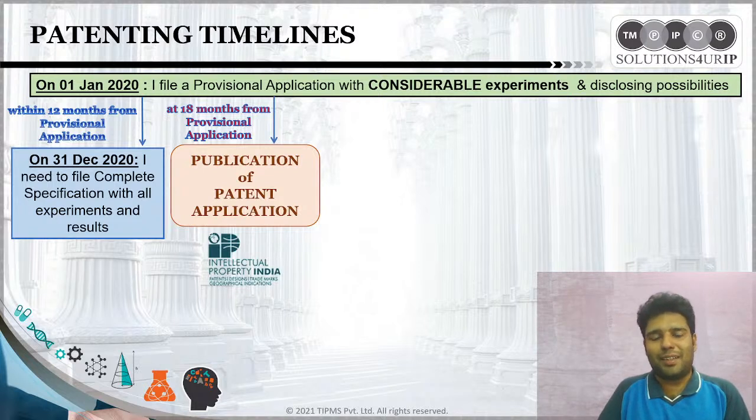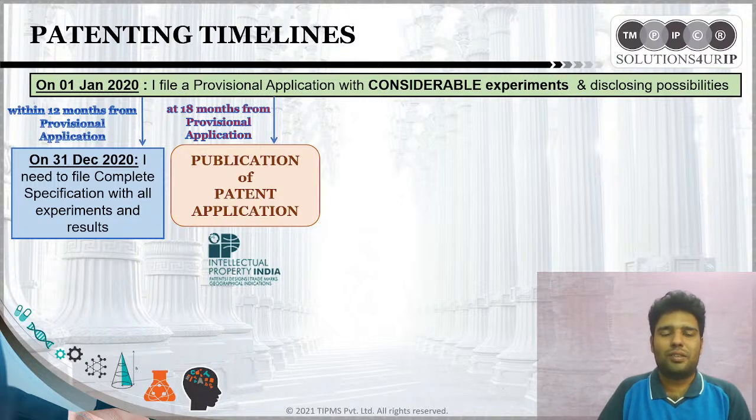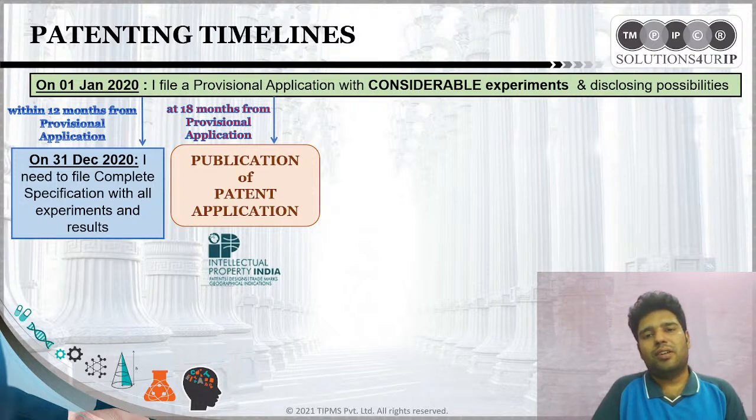in practical terms, the entire patent application as filed is visible after 18 months, because the patent office provides the documents freely and online to be accessed by any public at any time after 18 months of the provisional filing.